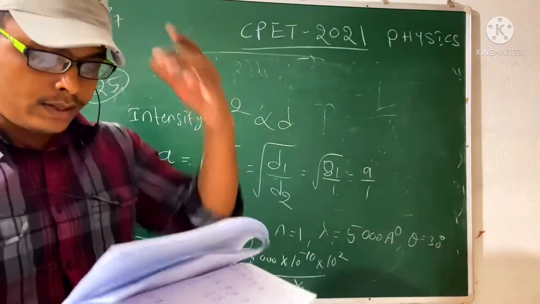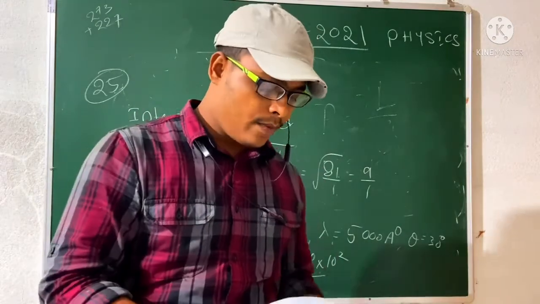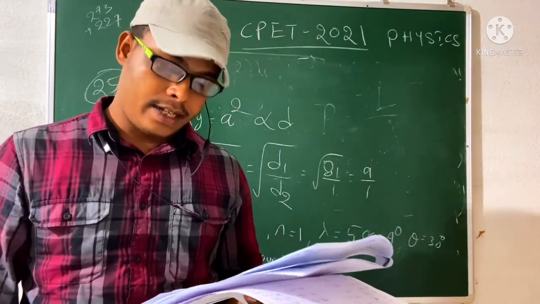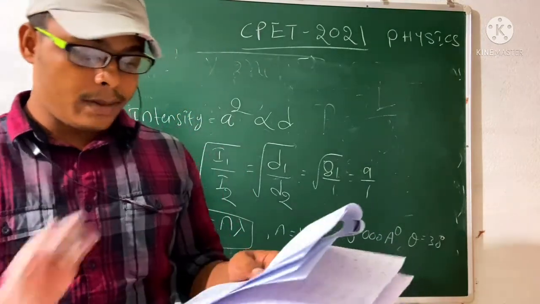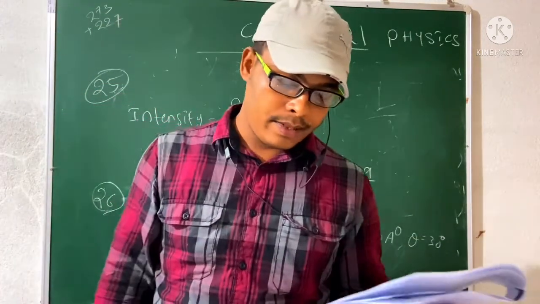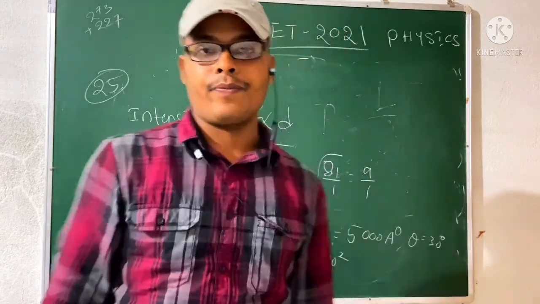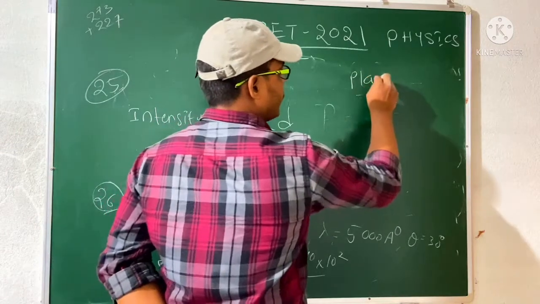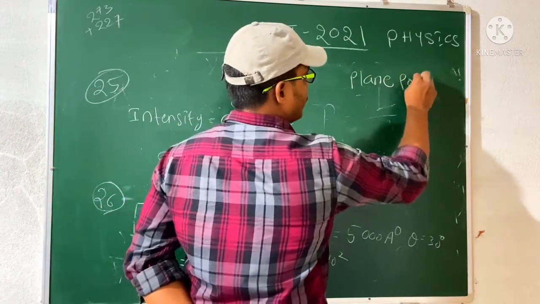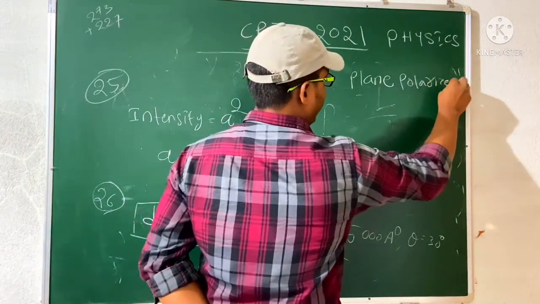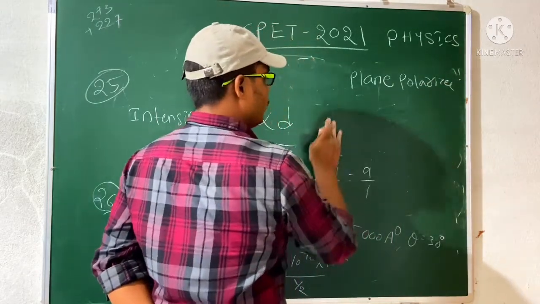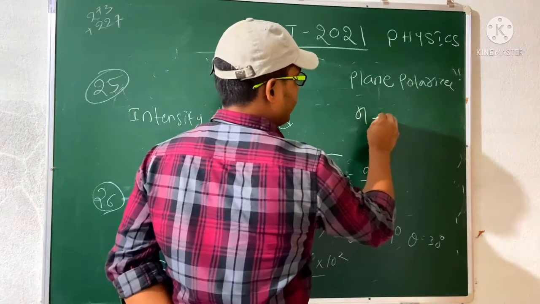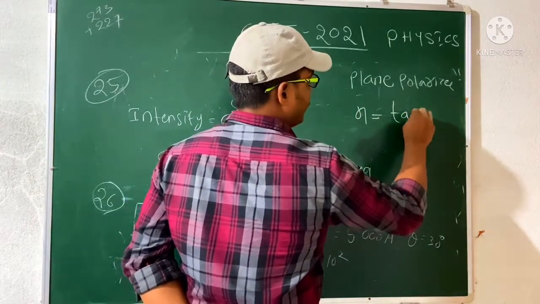Now the 27th question. A beam of light strikes a piece of glass at an angle of incidence 60 degree and the reflected beam is completely plane polarized. Then what is the refractive index? For plane polarized light, the refractive index is equal to tan theta.